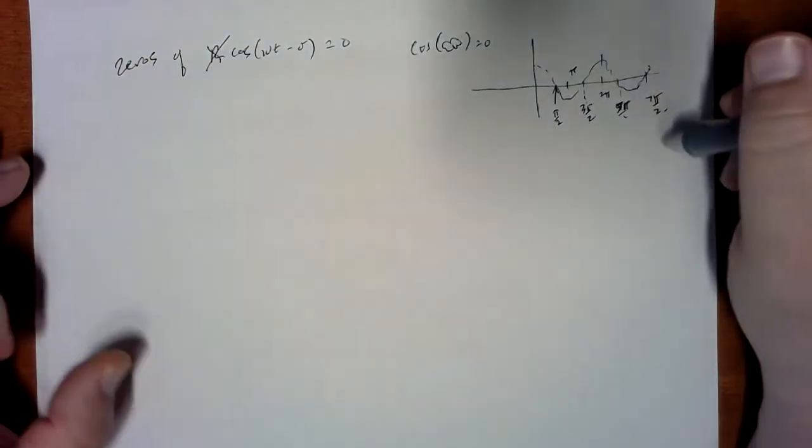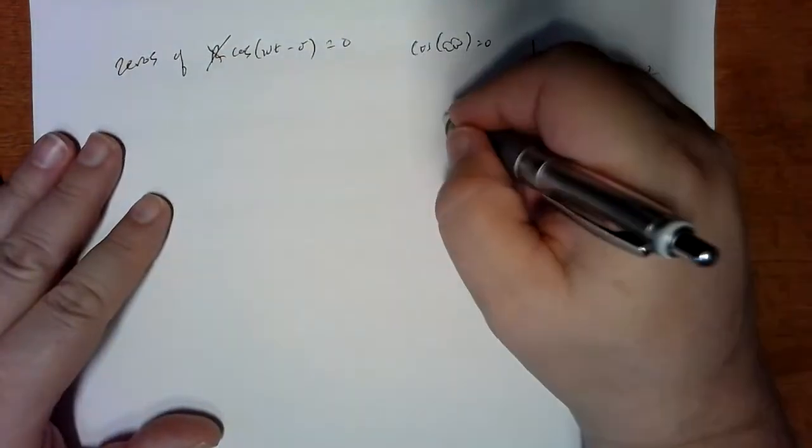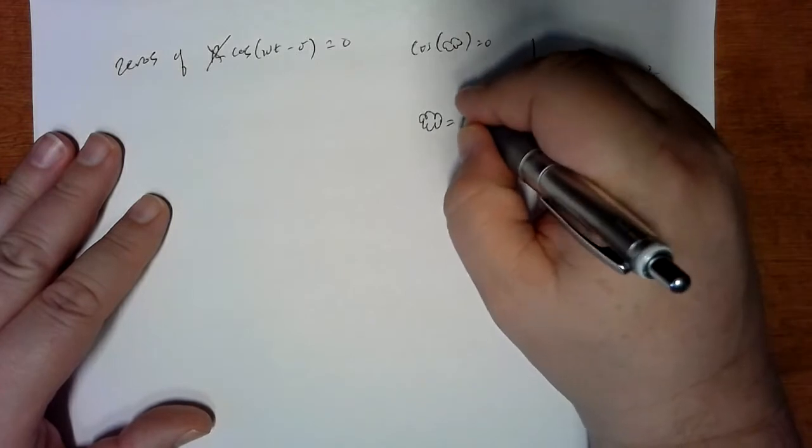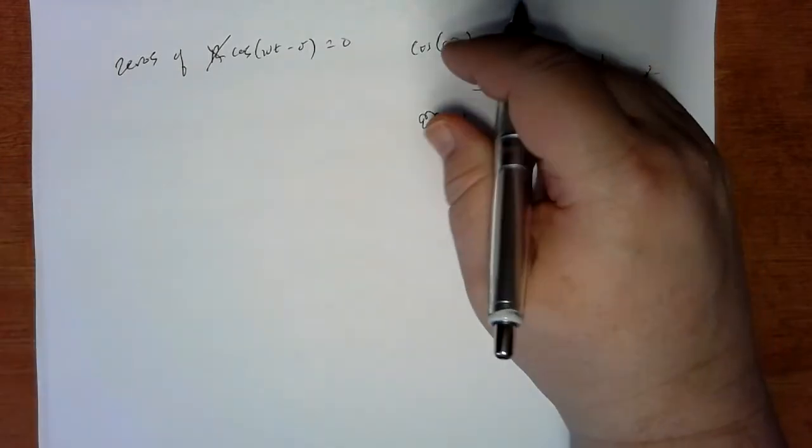It's an odd multiple of pi over 2. And so therefore, we could say that the something is an odd multiple of pi over 2.